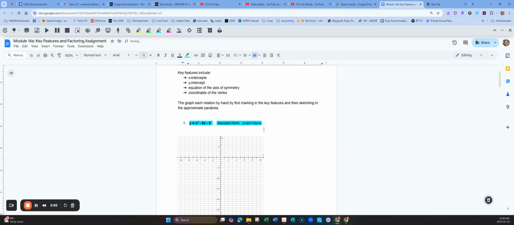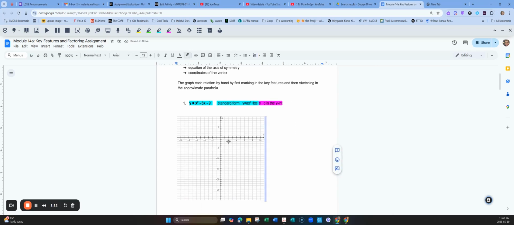So we know that the c is the y-intercept. When you see that c right there, the c is the y-intercept.